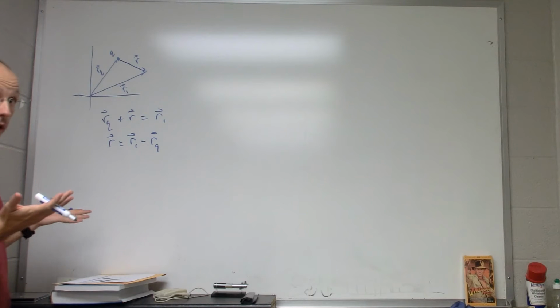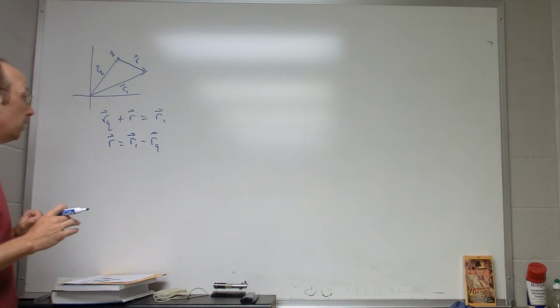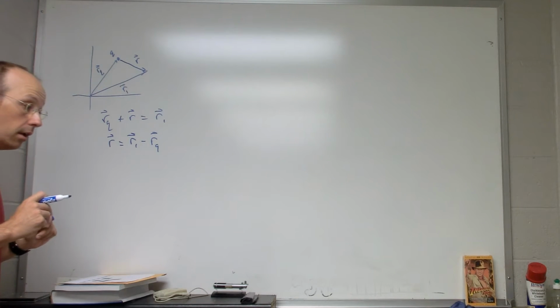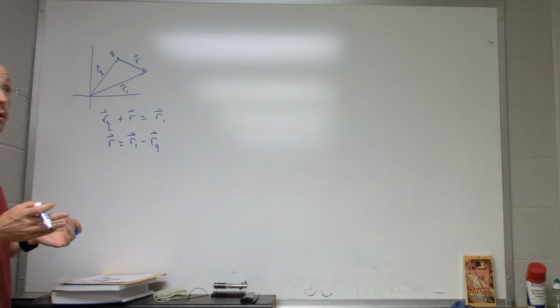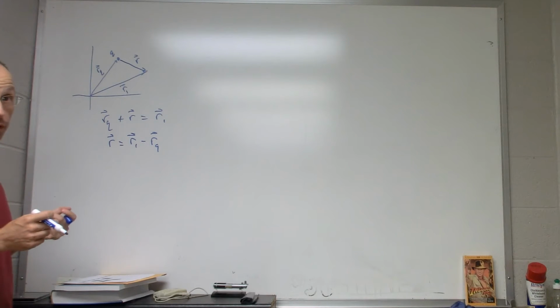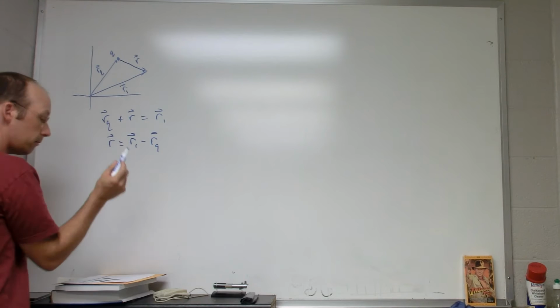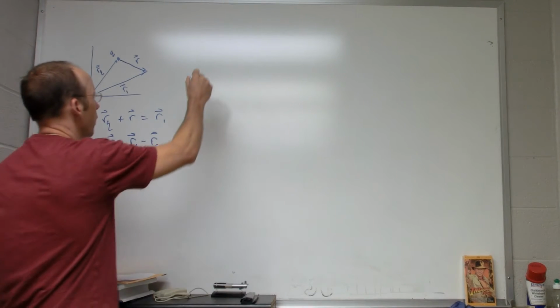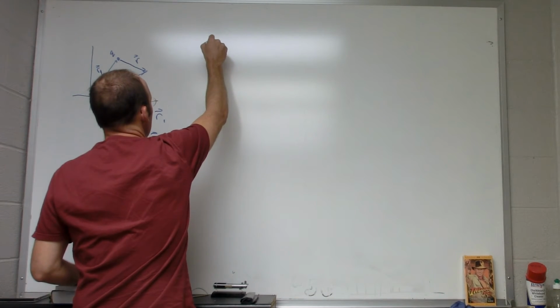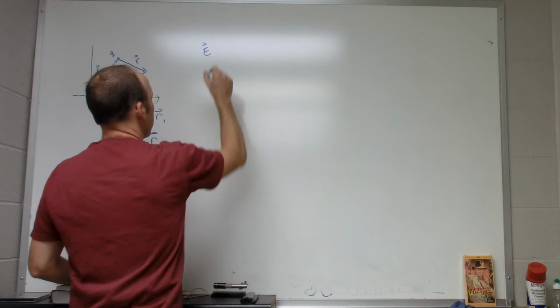Now how do I find the electric field? Well, here is the experimentally determined relationship for the electric field due to a point charge. It may look crazy, so I'll write it up here. It's a vector, the electric field's a vector.